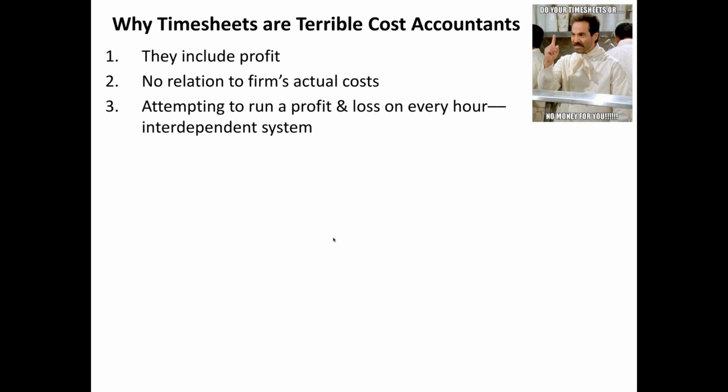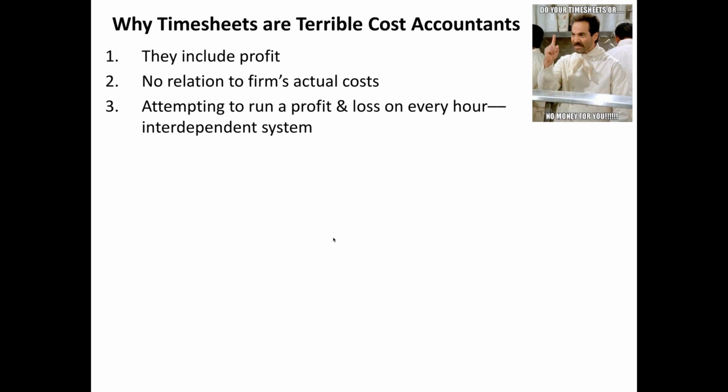And the other thing you have to consider when you're looking at cost per hour in any type of professional firm is, are we really attempting to run a profit and loss on every single hour? In an interdependent system, it'd be like taking your blood pressure every 10 seconds or measuring your weight if you were on a diet, every 3 minutes.